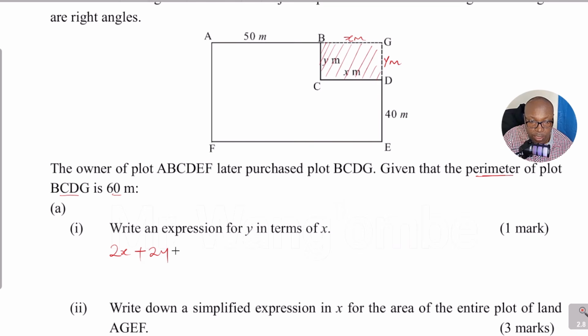Or you can add the total distance around: x plus y plus x plus y. That gives 60. You can simplify this by dividing all through by 2. You get x plus y is equal to 30. That is the simplified expression.